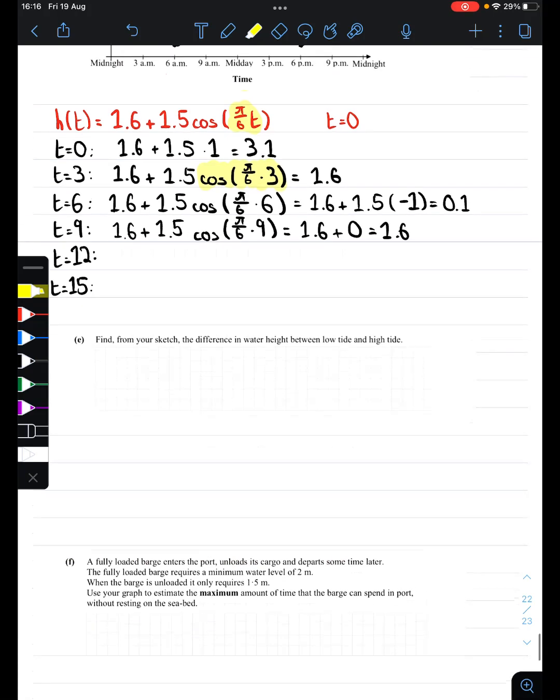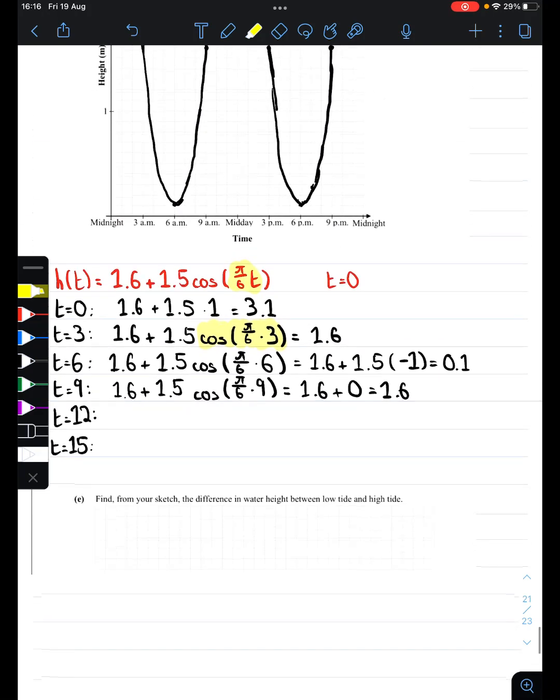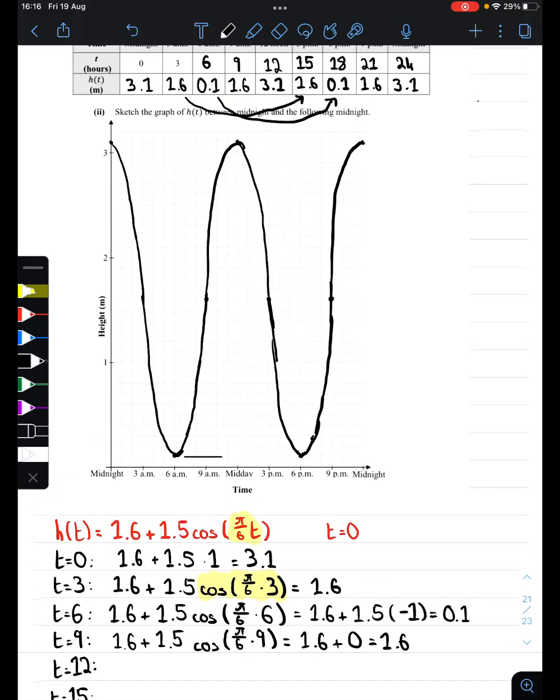And now on to part E. Find from your sketch the difference in water height between low tide and high tide. Okay, well this is just very simple. High tide happens here, low tide happens here, and high tide happens here.